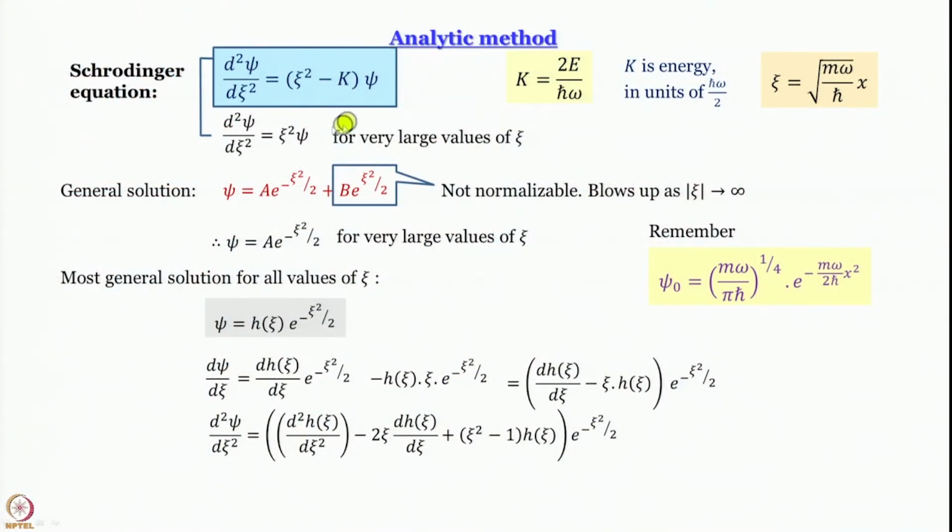So, we have obtained this expression for d2 psi d xi 2, which we can now replace in this expression of the Schrodinger equation, and then we can go further ahead. That is what we will do in the next module.